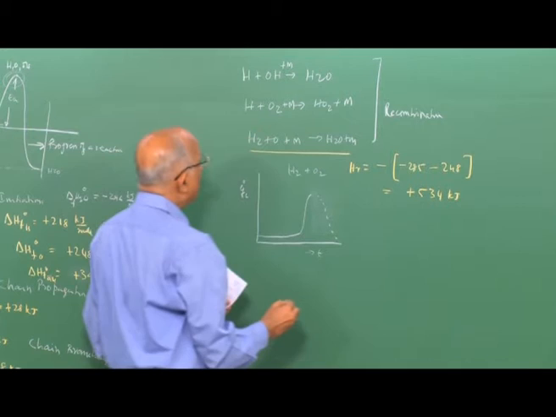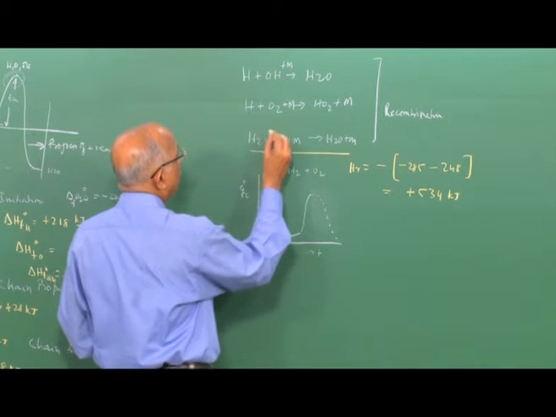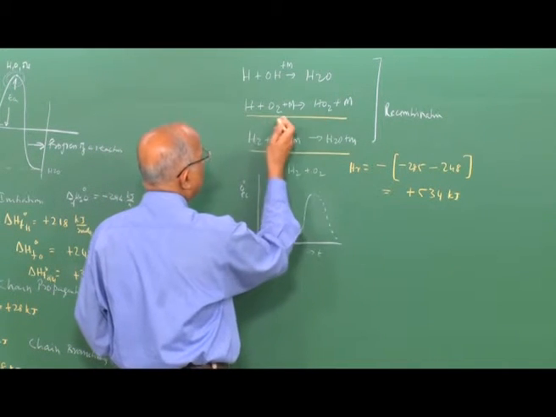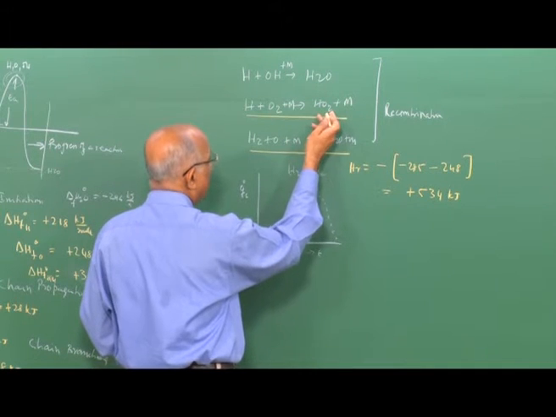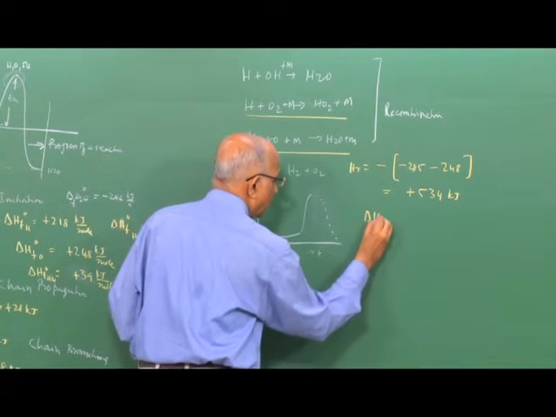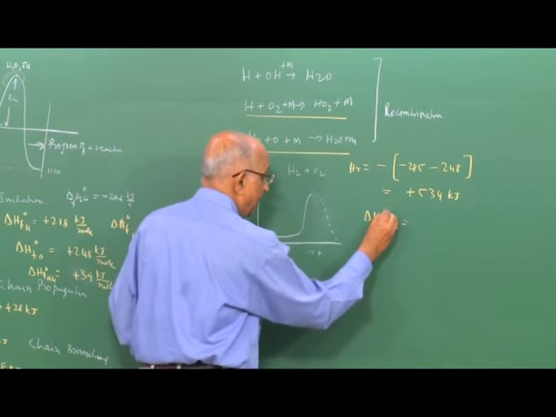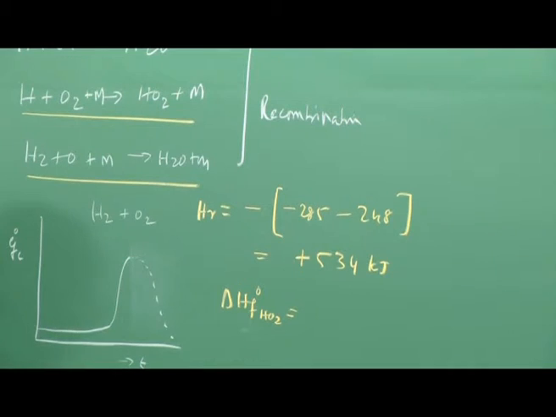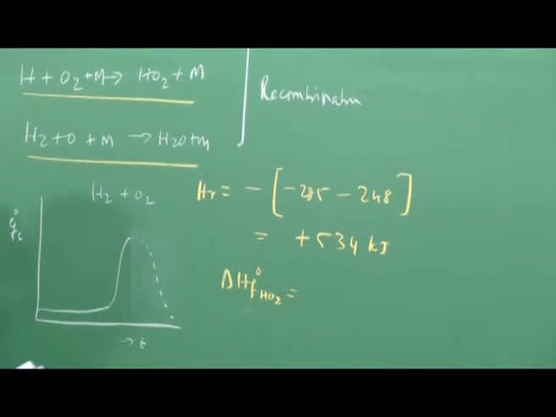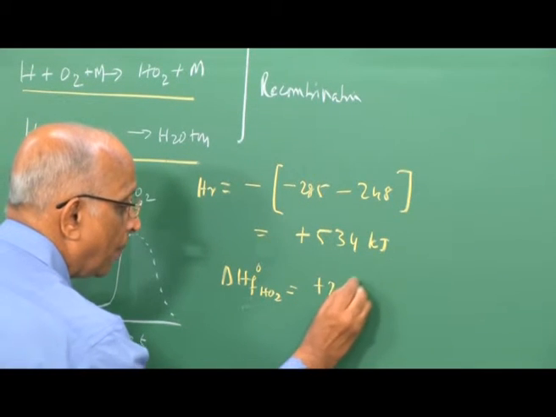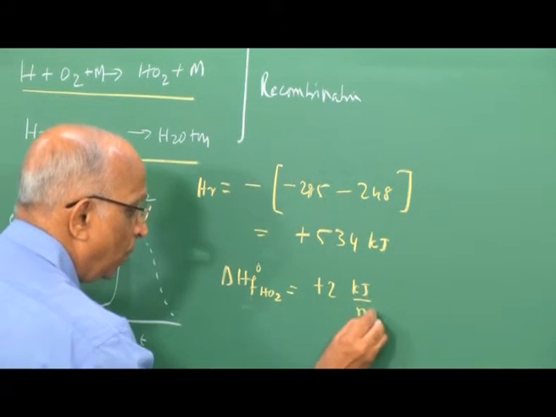Similarly, if I were to write the heat of formation of H plus O2 plus M going to HO2 plus M, we said that the heat of formation of HO2, if I go to the standard literature tables, has a value of plus 2 kilojoules per mole.